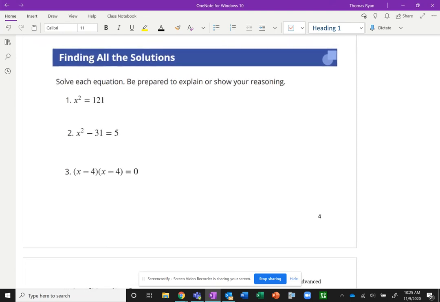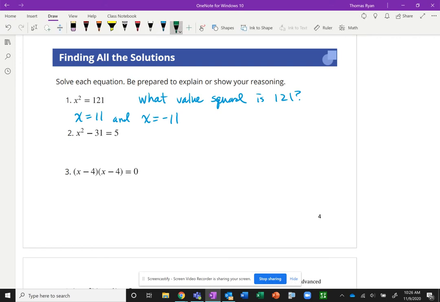So we're asking ourselves, what value squared is 121? So we know that x could be 11 and also negative 11. Okay, certainly for the next one, we're thinking, well, what value minus 31 would give us 5?